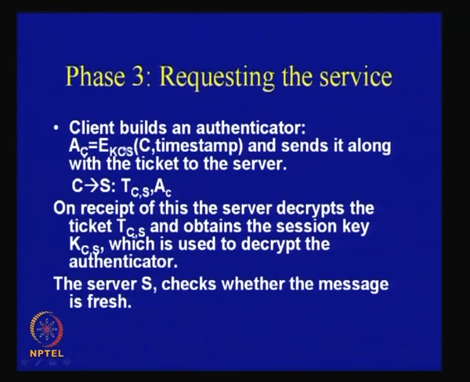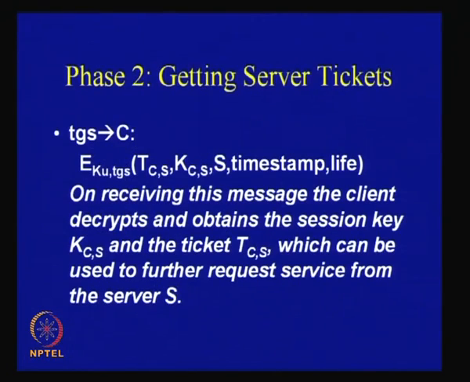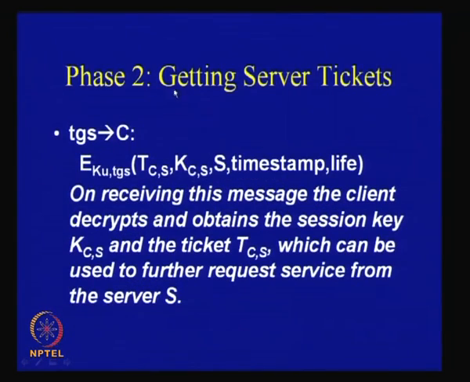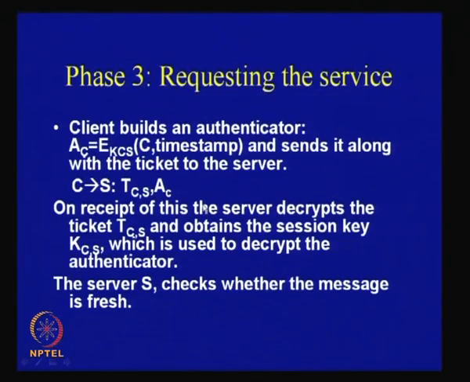On receipt of this, the server decrypts the ticket TC,S and obtains the session key KC,S, which is used to decrypt the authenticator. The server S checks whether the message is fresh or not, because the ticket has a timestamp, and the authenticator also has a timestamp.